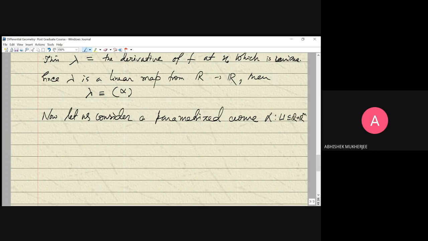Okay. Then a tangent vector means the tangent vector to alpha at t naught.